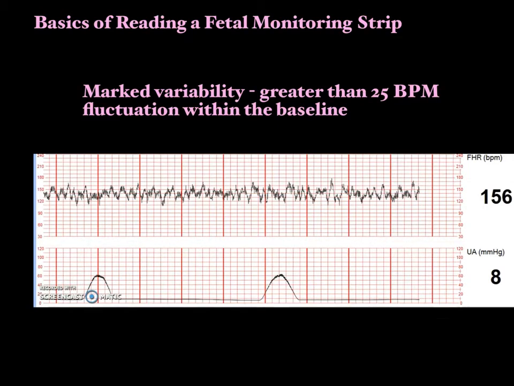Marked variability is a baby who maybe was well oxygenated, but is now experiencing a lot of stress and trying to maintain a baseline and struggling to do that. And so some of the patterns that can cause marked variability include cord prolapse, cord compression. Usually you'll see variables, but if you're seeing a cord that's maybe only partially compressed, a sudden insult will cause this pattern.